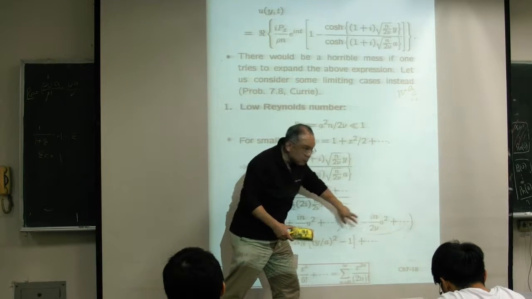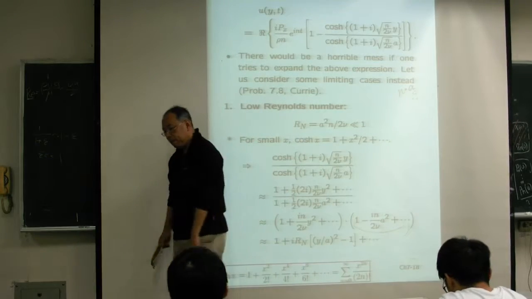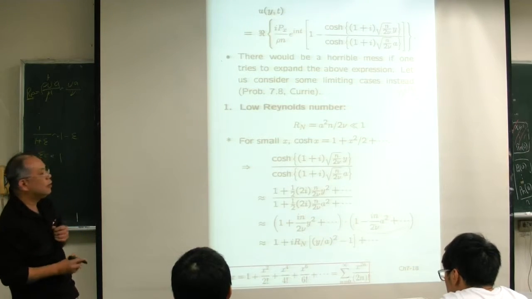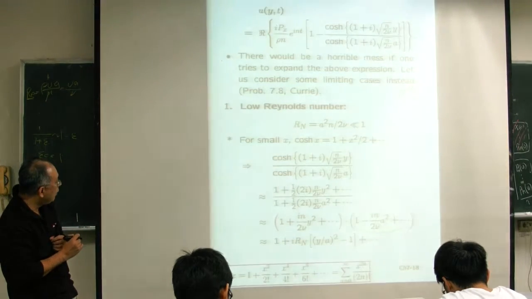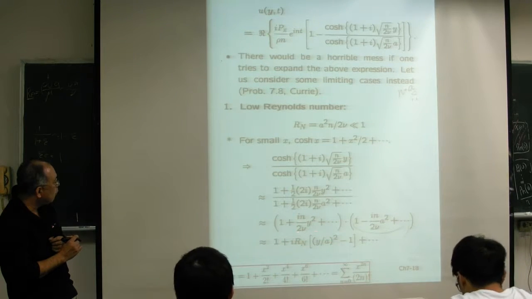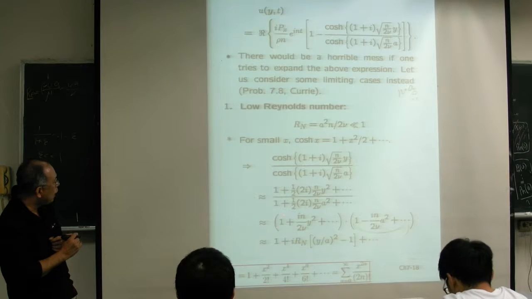So I have the two terms, and I multiply these two terms, also finding the leading terms. What's the leading term? 1 times 1 gives you the 1. This 1 times this gives you one term, and this 1 times this gives you another term.